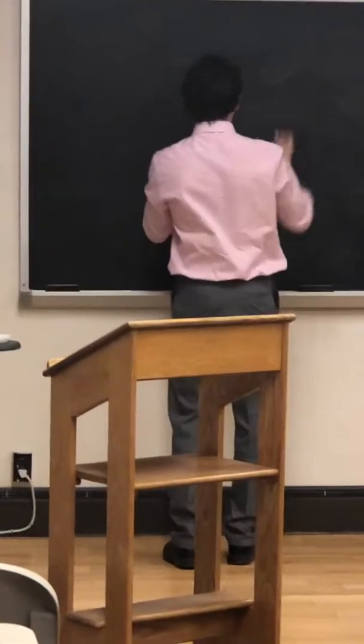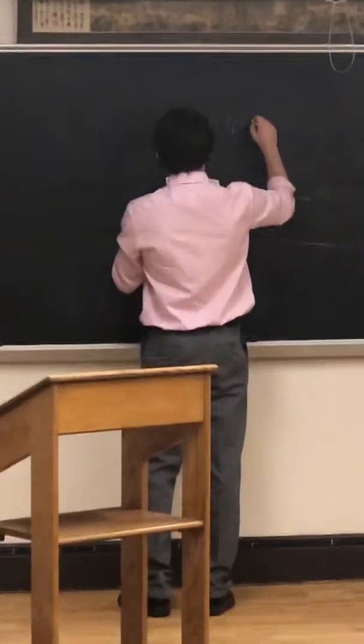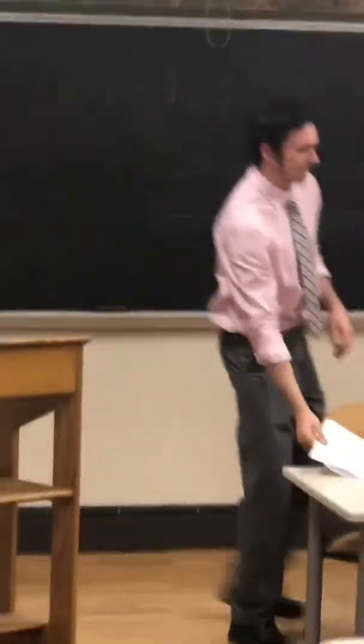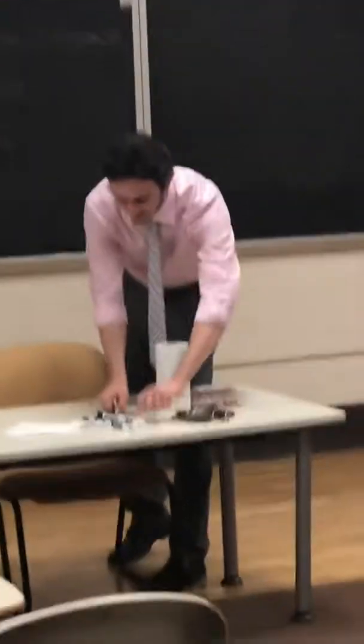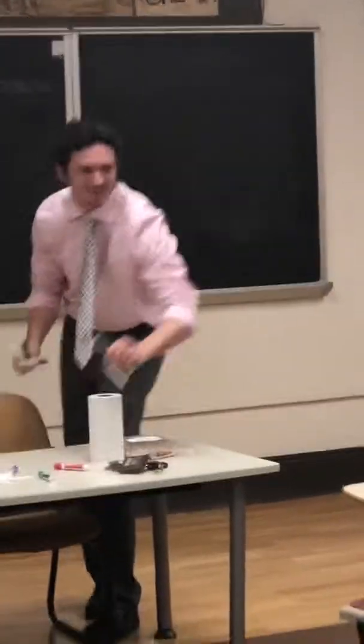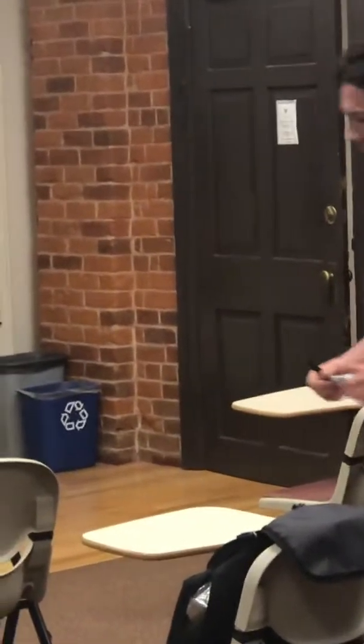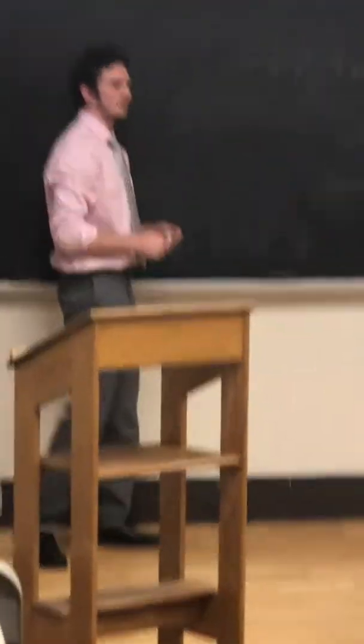First one we're going to do: 6x squared minus 4x plus 7. Need markers, right? That was my next question. How do you think you're going to write them on the board? Chris was too quick. You're welcome. So the first one, 6x squared minus 4x plus 7.